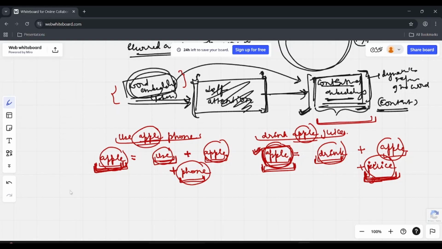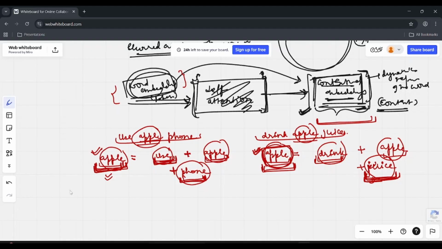Same way here, use, apple, phone, each one of these word embeddings will play some role in finding out the contextual embedding of this apple, because every word is part of the context. So that is why every word will play some role in finding out what the new contextual embedding of the word is. But some words will play a more important role.